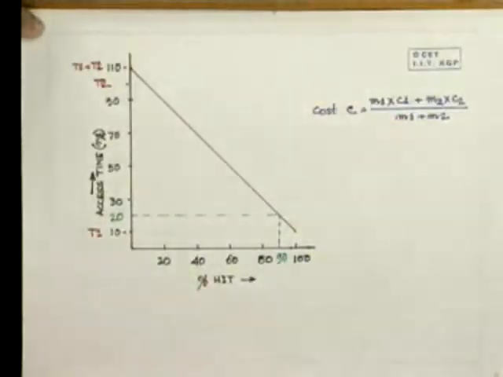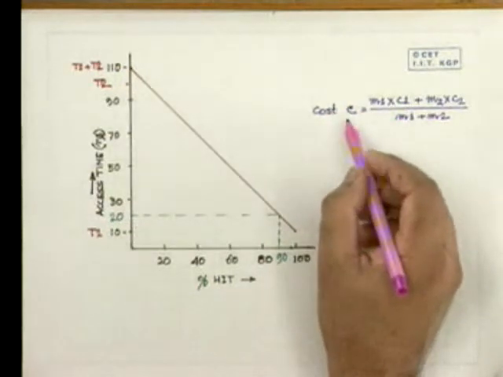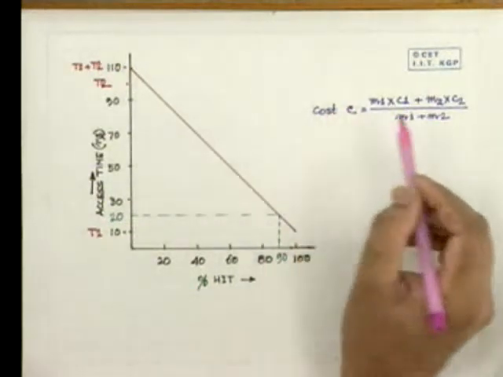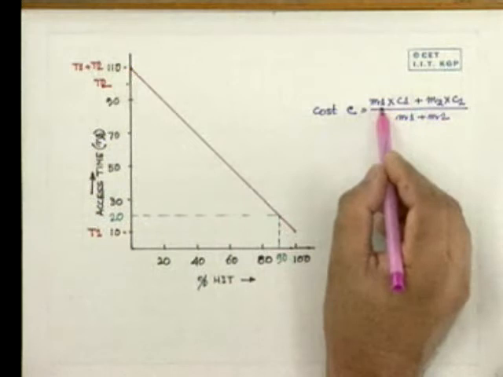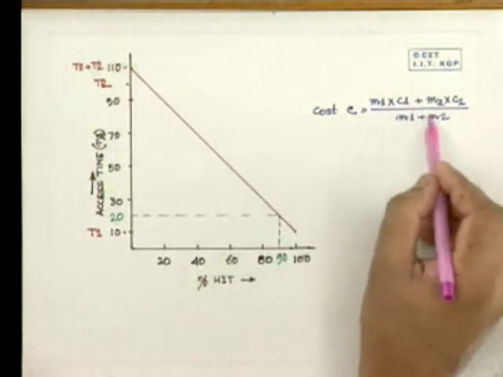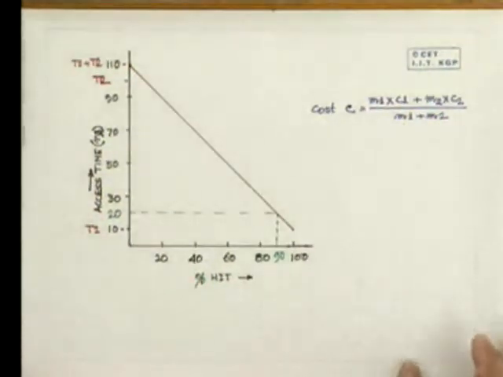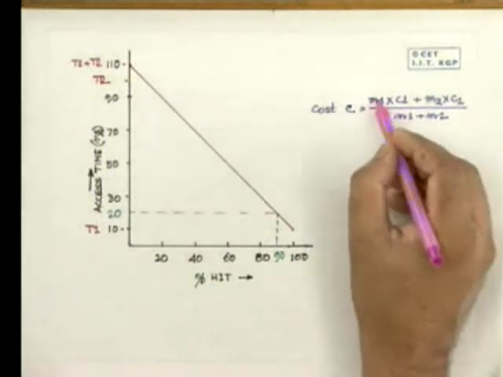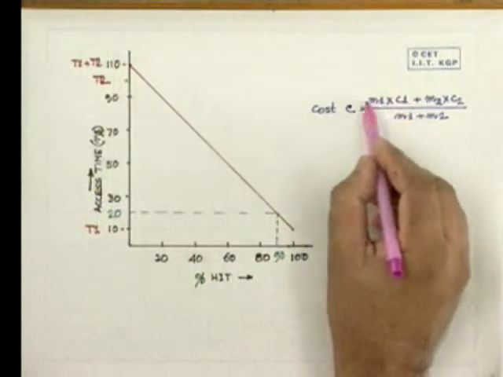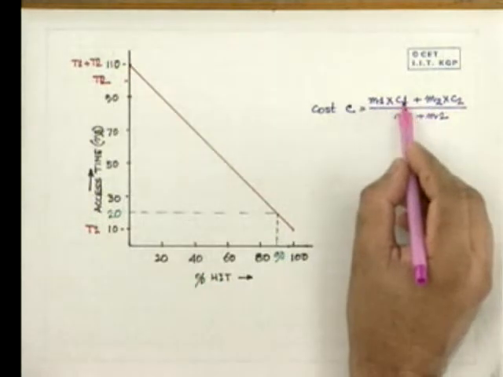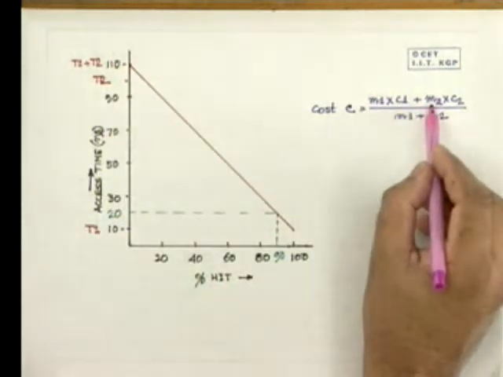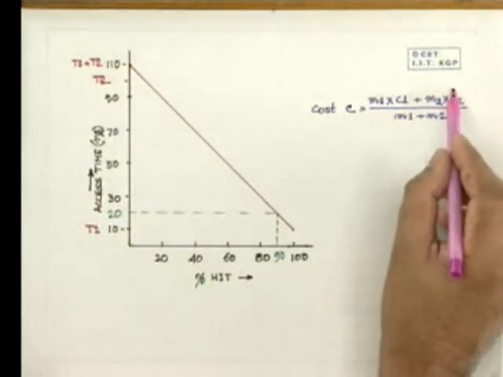Now, the cost of the total system, that means the cache memory and the main memory, will be M1 into C1 plus M2 into C2 divided by M1 plus M2, where M1 is the size of the cache, C1 is the cost of the cache, M2 is the size of the main memory, C2 is the cost of the main memory.